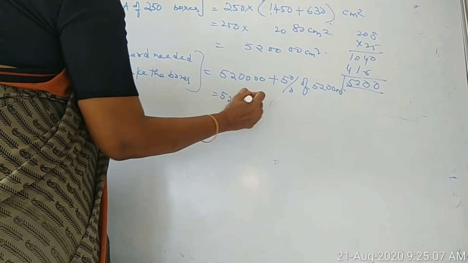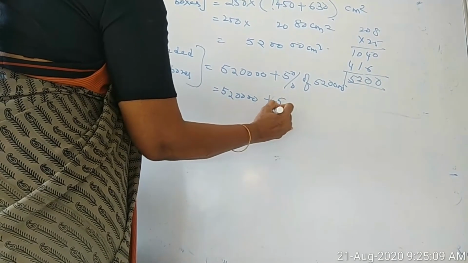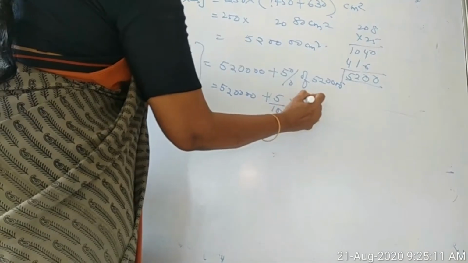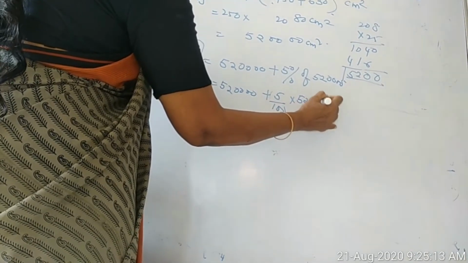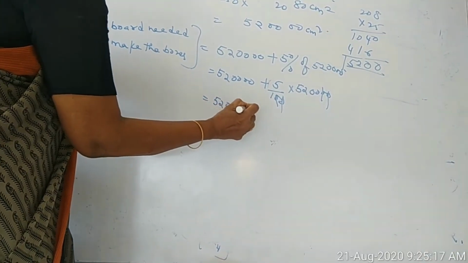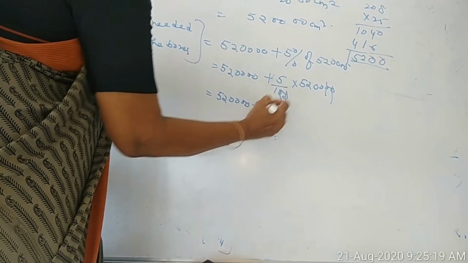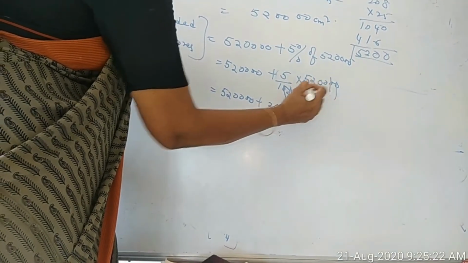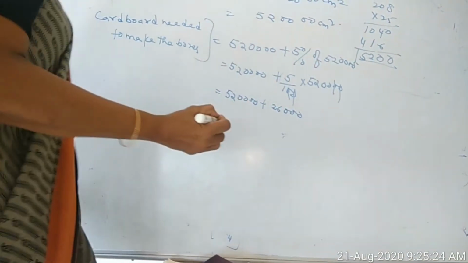5 by 100 into 520000. Cancel your zeros, children. 52, 1, 2, 3, 4, multiply carefully, 2, 6 followed by 3 zeros.